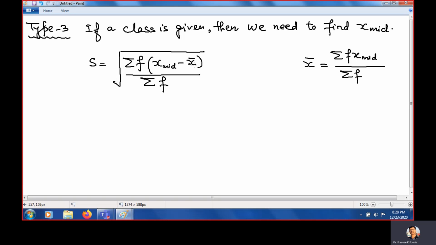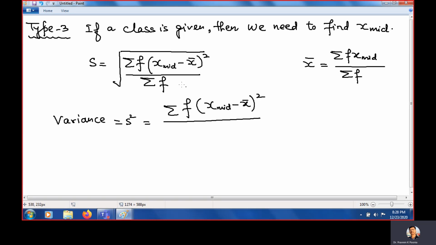This was the formula for x bar. Clear? And similarly, variance is s square, so the square root will be removed. It is sigma f times x mid minus x bar whole power 2. Oh, sorry, I forgot power 2, upon sigma f minus 1. This is the formula. Clear?